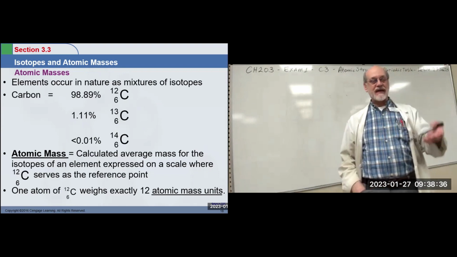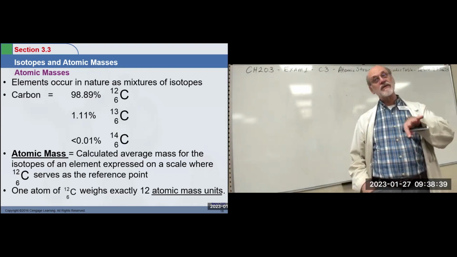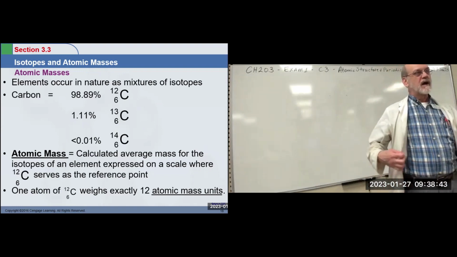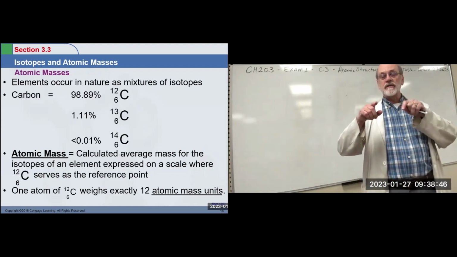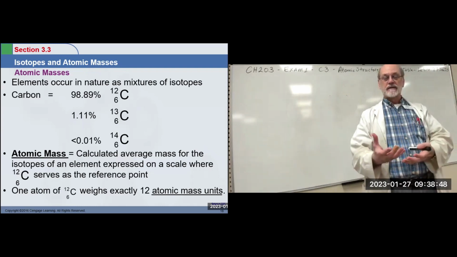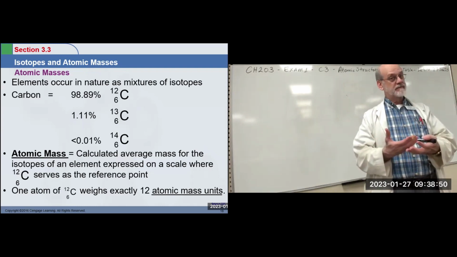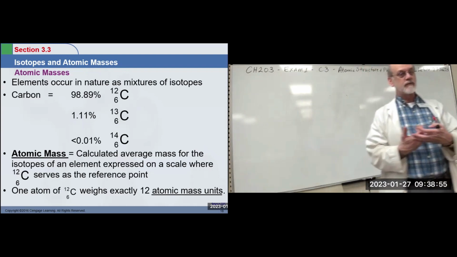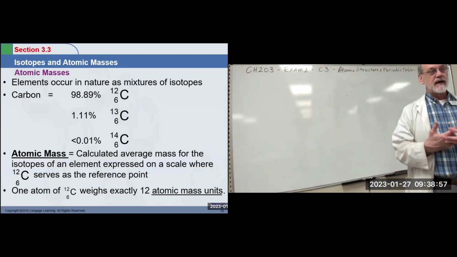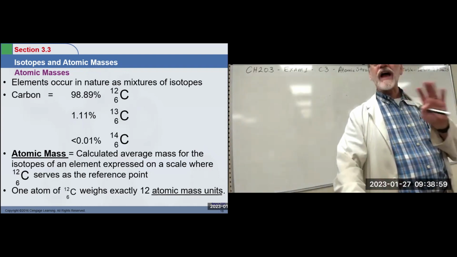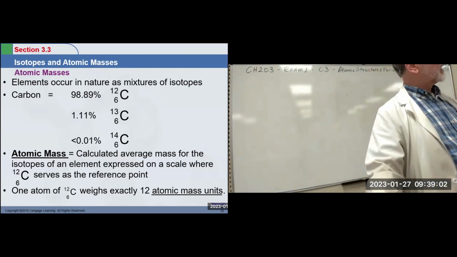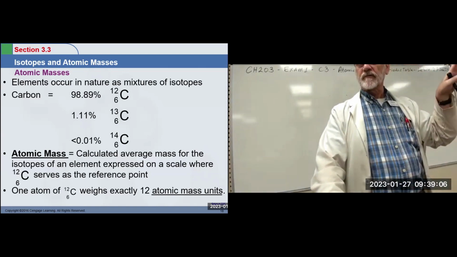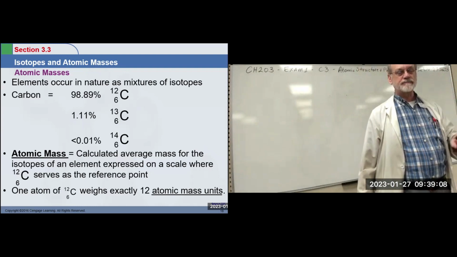But the atomic mass, not the mass number, is a weighted average of the masses of all the naturally occurring isotopes of that element. This is actually a more useful number. And that number is always a fractional number. On the periodic table, it's in the upper left-hand corner of each of the squares.